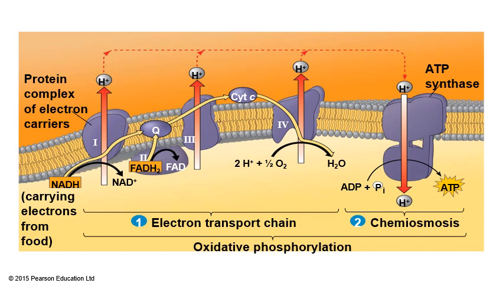When we regard H+ ions as a chemical, they diffuse back out, and we call that chemiosmosis. Using chemiosmosis, they produce ATP. That's oxidative phosphorylation. Most of the ATP in cellular respiration is produced by oxidative phosphorylation.